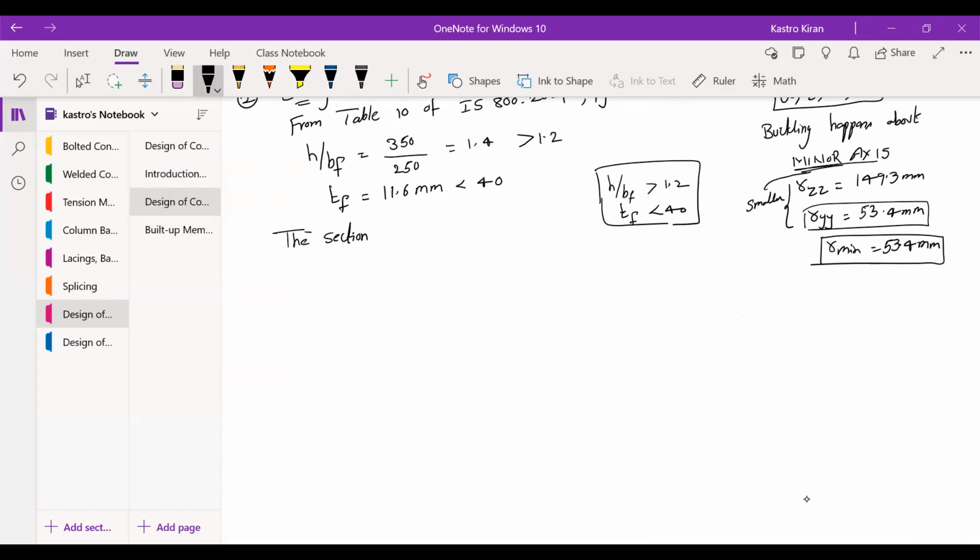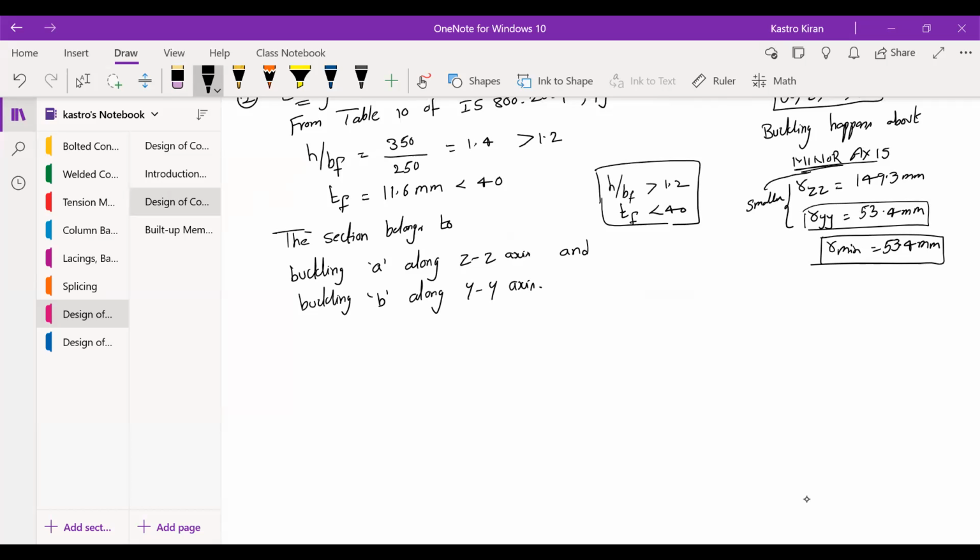The section belongs to buckling class A along the ZZ axis and buckling class B along the YY axis. So it belongs to buckling class A as well as buckling class B. Since for any section you will have only one buckling class, you have to find out whether it belongs to buckling class A or buckling class B.